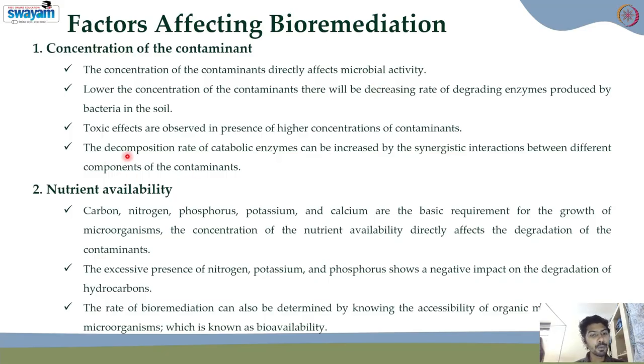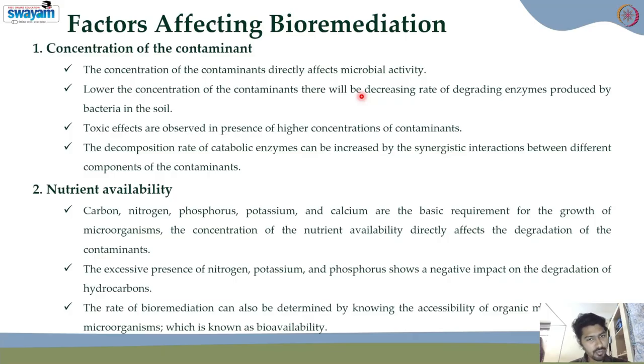And if you see the decomposition rate of these catabolic enzymes, it can also be increased by the synergistic interaction between various components of the contaminants. So this is why the concentration of the contaminant is very important while studying the bioremediation technique. Since it directly affects the microbial activity, we have to optimize this factor to the level the particular microorganism can handle the contaminant.